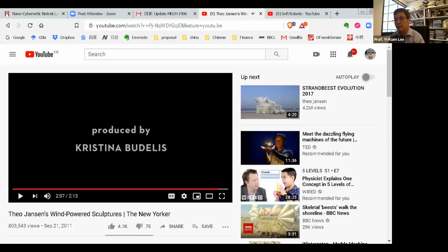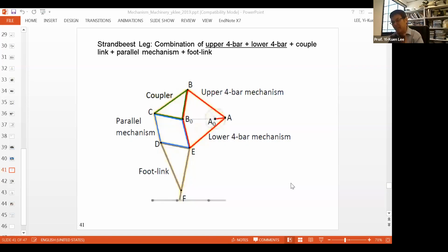Okay, so again, this is a very interesting mechanical robot, and again it looks very complicated. I'll show you, this working robot is actually a combination of two 4-bar linkages, upper and lower, plus an additional parallel mechanism and four links. That is the important thing.